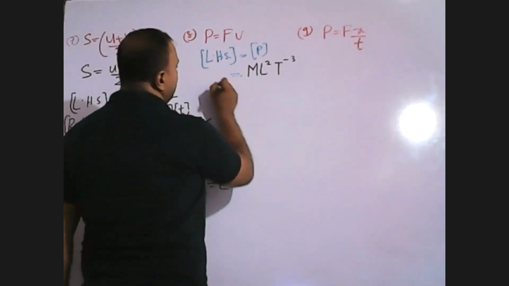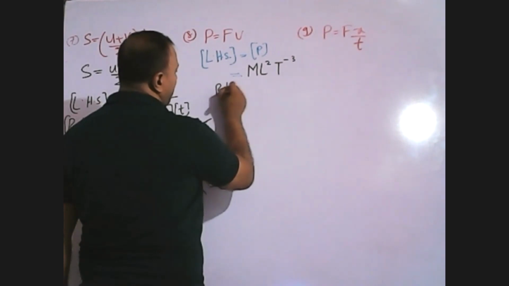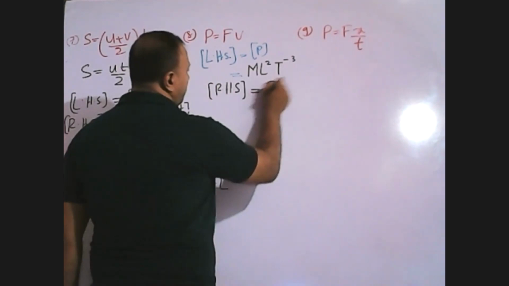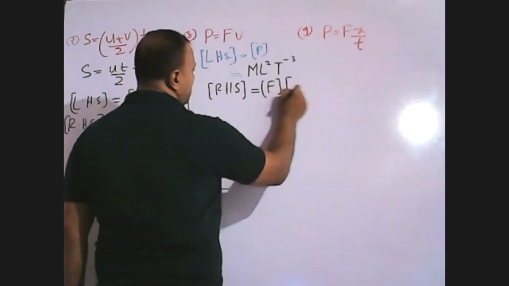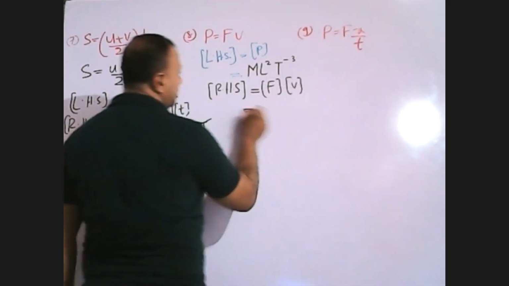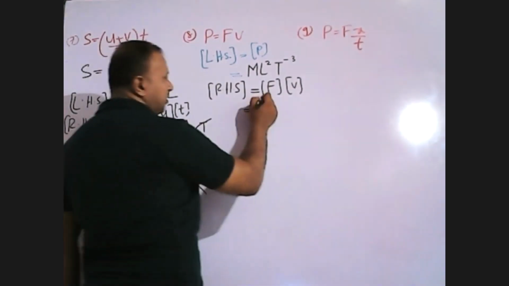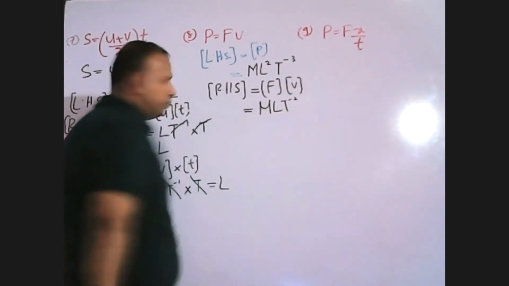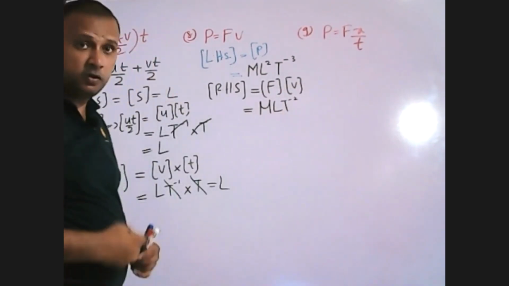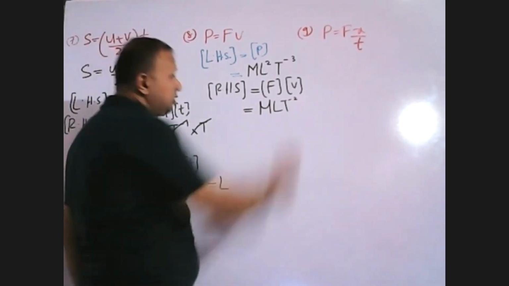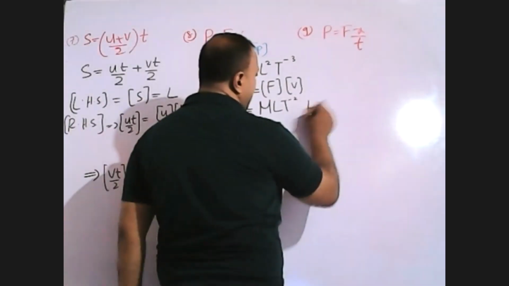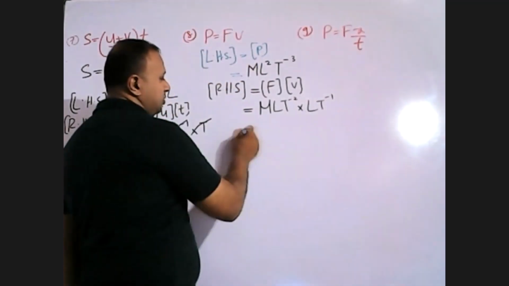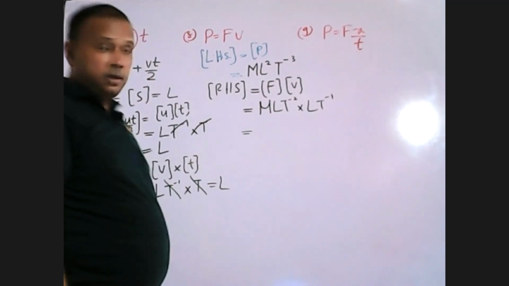Then the dimension of RHS is equal to the dimension of force into the dimension of velocity. Dimension of force is MLT^-2, and dimension of velocity is LT^-1. So we can simplify this.